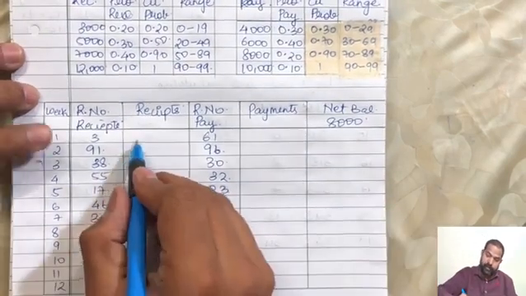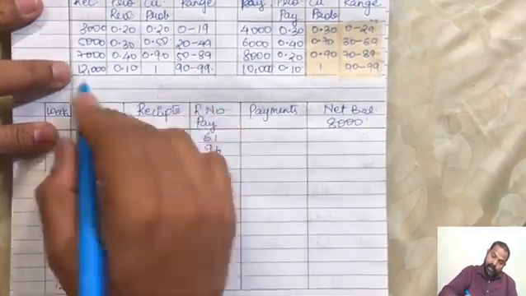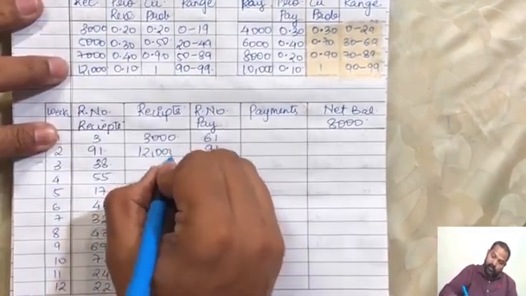Yes. 3 comes from here. So I'm going to receive 3,000 rupees. 91 comes here, 12,000 rupees.